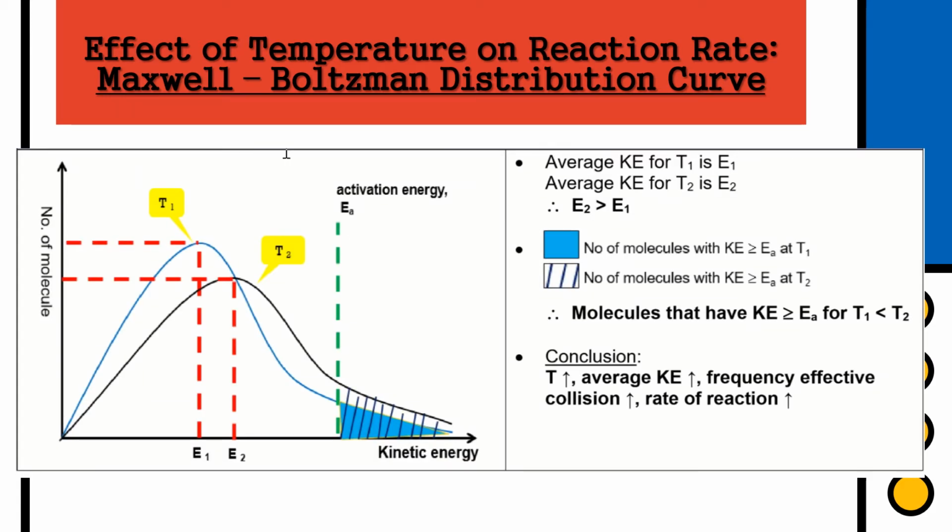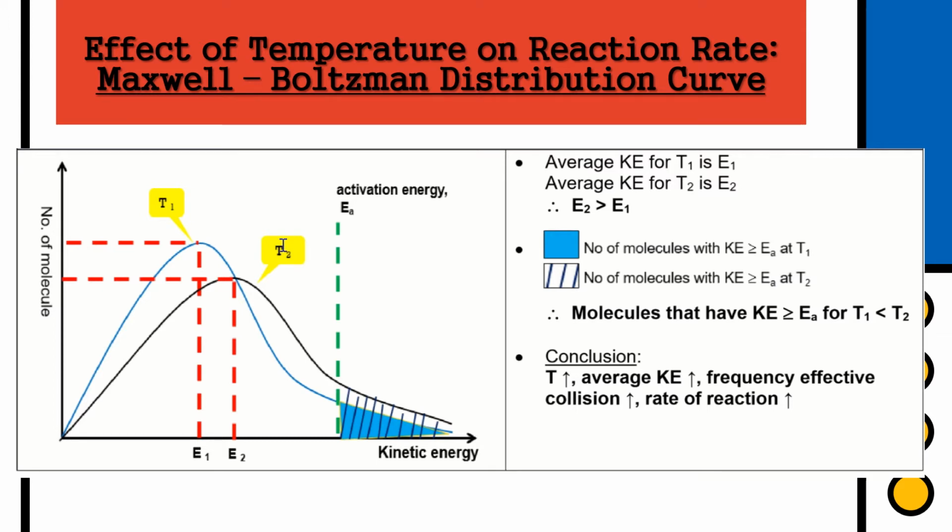So this is your Maxwell-Boltzmann distribution curve. If you look closely, on the y-axis we have number of molecules, and on the x-axis we have kinetic energy. And for this curve, you don't have to put any numbers into it. This curve is used to compare between two different temperatures. One is a lower temperature and the other is a higher temperature.